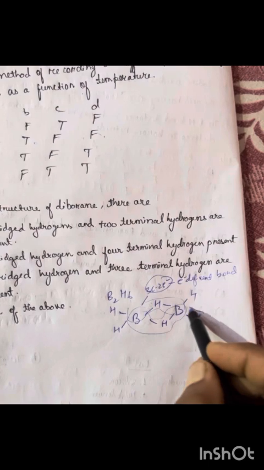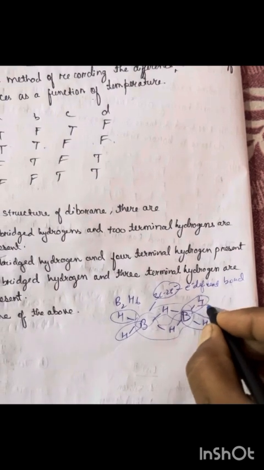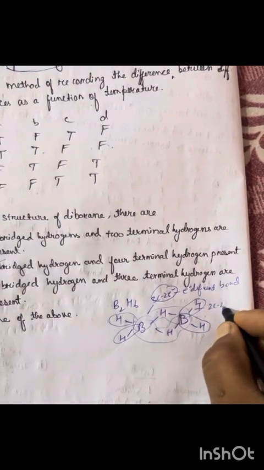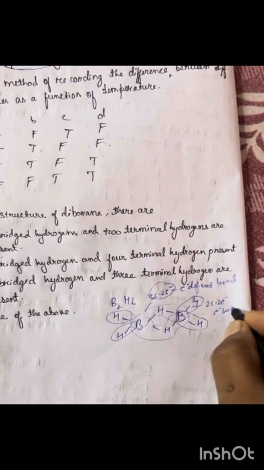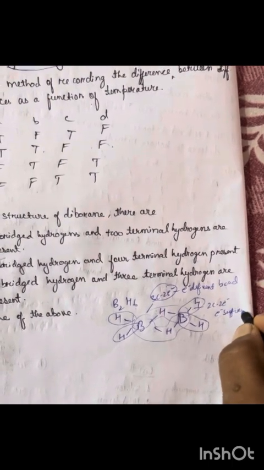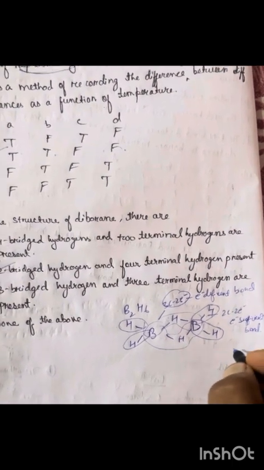Next, all the 4 terminal BH bonds are 2-centered 2 electron bonds, which means electron sufficient bonds, right?